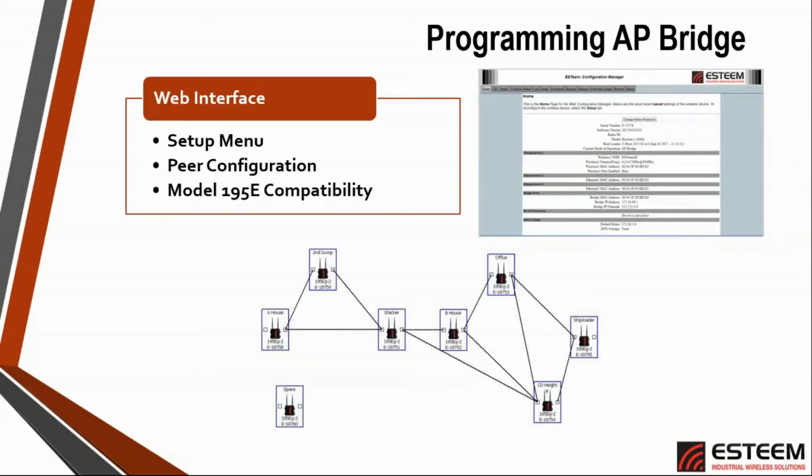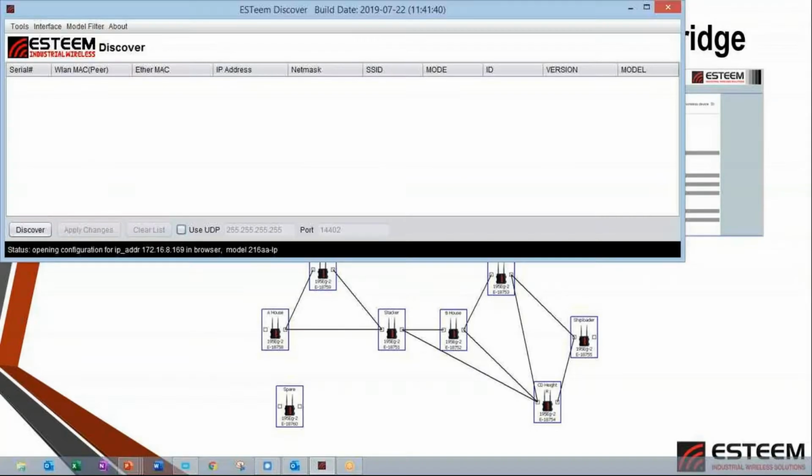So as we looked at earlier, the first thing we need to do is match up the IP address of the computer and the radio to work on the same network. To do that, we have this utility called the Discover utility, which I've popped up here on the screen.